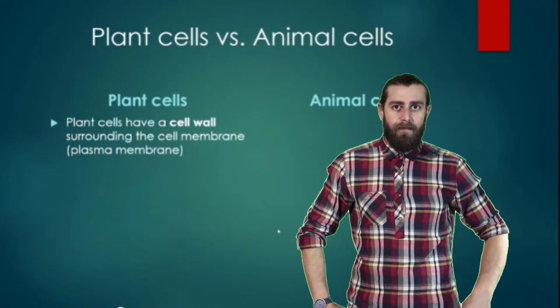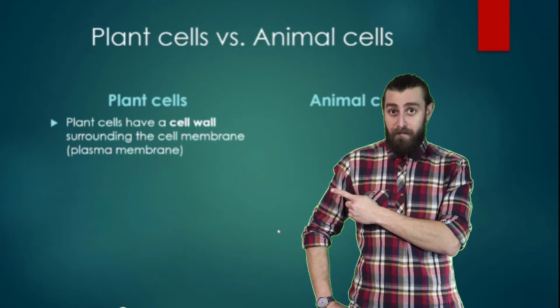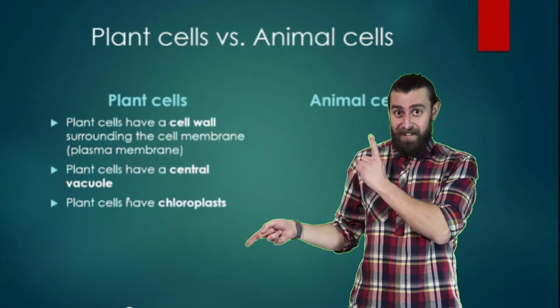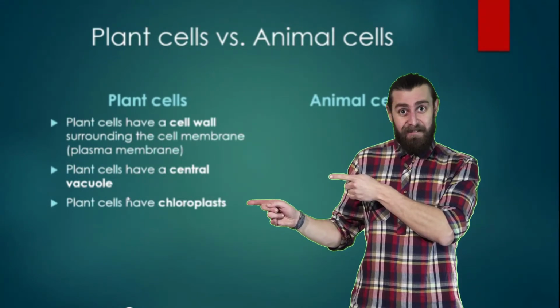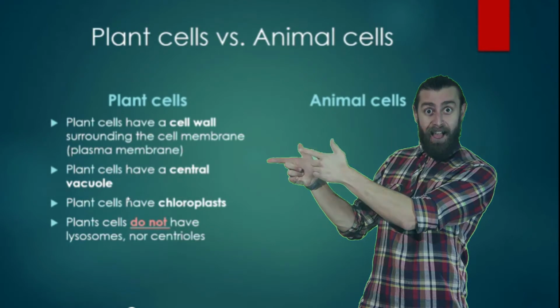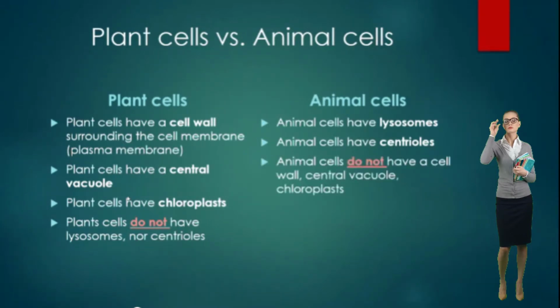Plant cells have a cell wall surrounding the cell membrane or plasma membrane. Plant cells have what's called a central vacuole. Plant cells have chloroplasts. Plant cells do not have lysosomes or centrioles. In contrast, animal cells have lysosomes and centrioles. However, they do not have a cell wall, a central vacuole, or chloroplasts.